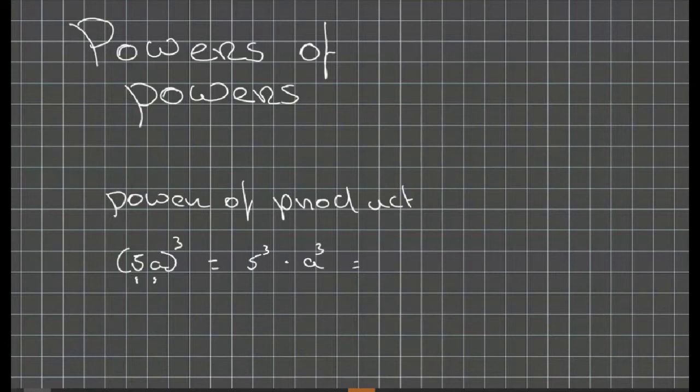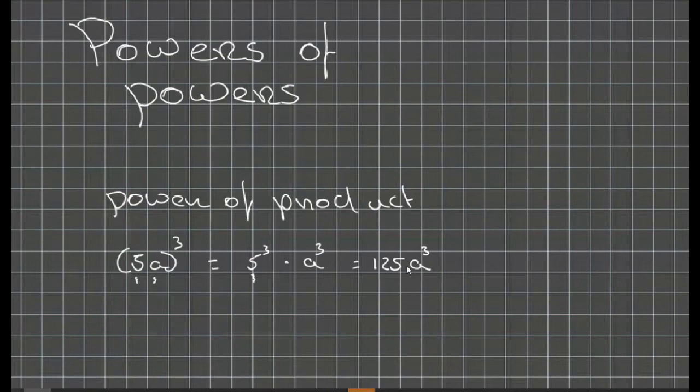And while I might not be able to calculate what a to the power 3 is, I can calculate what 5 to the power 3 is. And 5 to the power 3 means 5 times 5, which is 25, times 5, which is 125, times a to the power 3. I don't have to write down a multiplication sign here, because there's a number and a letter. But this is how that actually works.